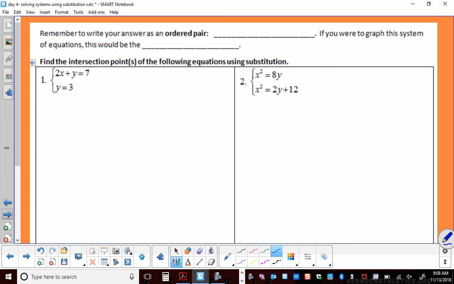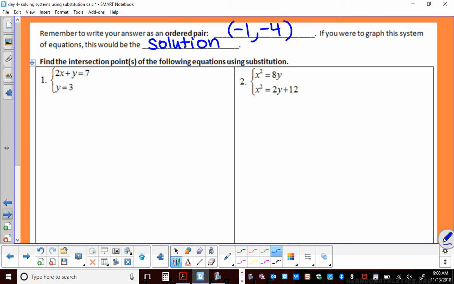All right. So remember to write your answer as an ordered pair. My ordered pair would be what? What was my x? -1, what was my y? All right, so that would be my solution. If you were to graph this system of equations, this would be the solution.